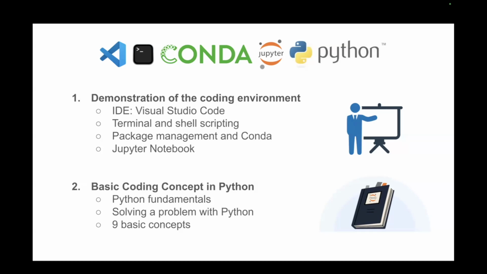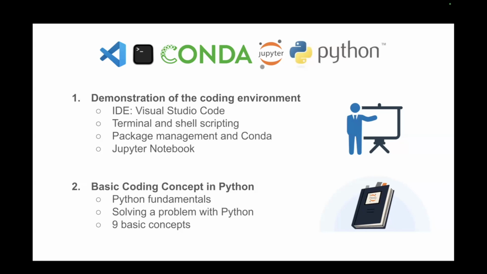And then in the second part, we will dive into some code, and I want to show you some ways we do coding to solve some bioinformatic problems which you cannot do in Excel. I just want to give you a feeling that, oh yes, computational power is really helpful for bioinformatic analysis.